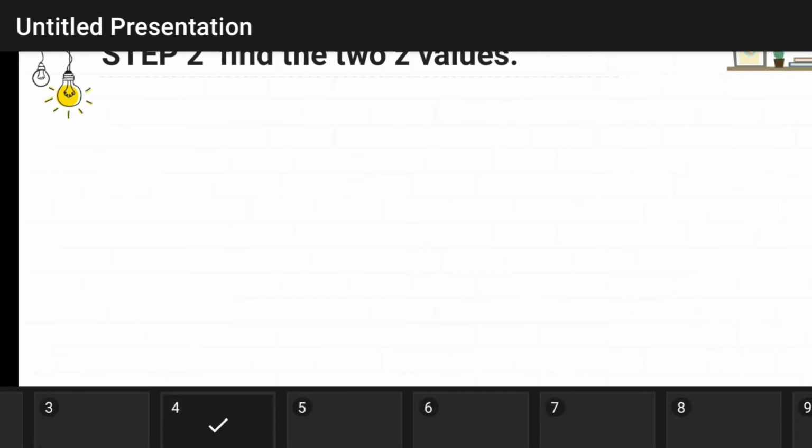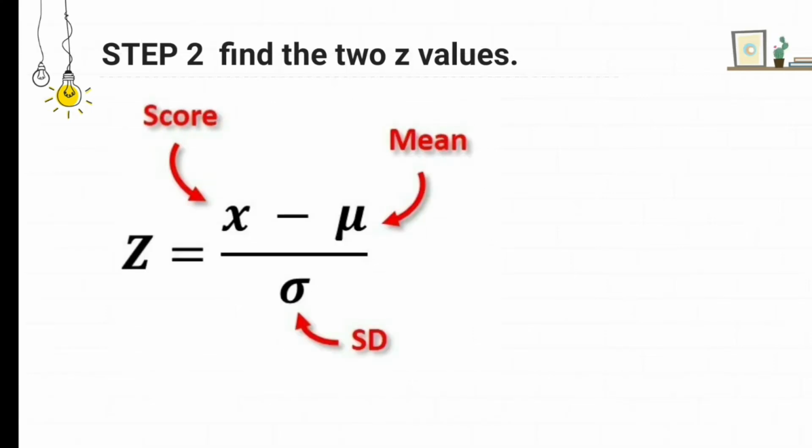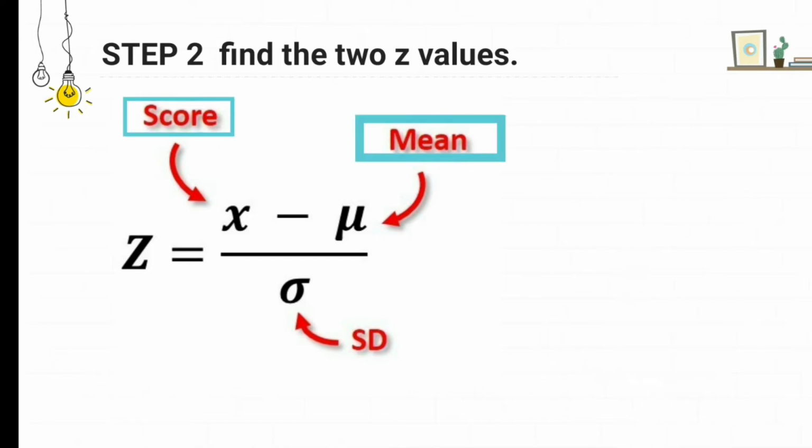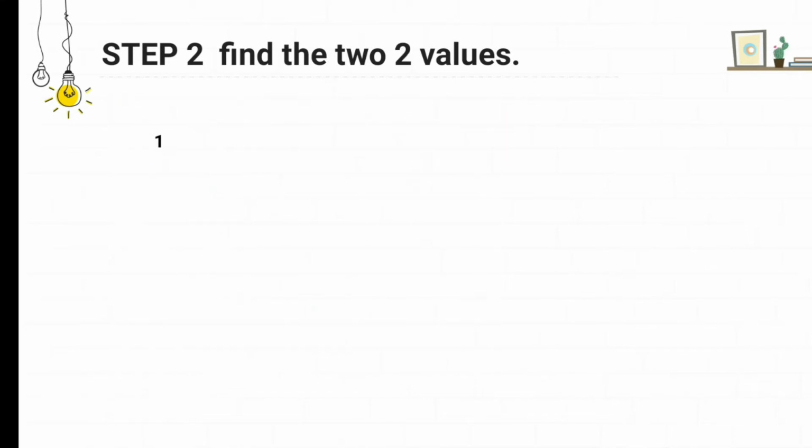For our second step, we're going to find the two z values. How can we find the z value? This is our formula: z equals the score minus the mean, all over the standard deviation.